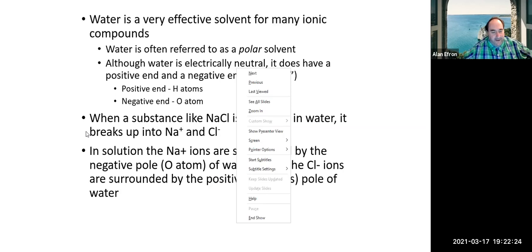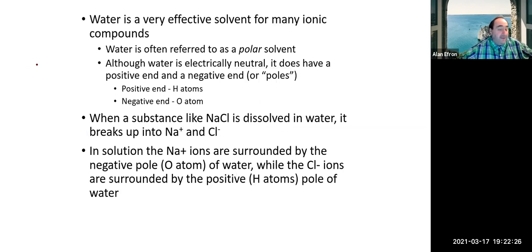We haven't talked about this yet, but I actually have talked about it. We did bonding. So water is polar, and if you remember, water being polar basically means that water has a side that's more negative and a side that's more positive because of that unequal sharing of electrons. It's the hydrogen side that's more positive, the oxygen side more negative.